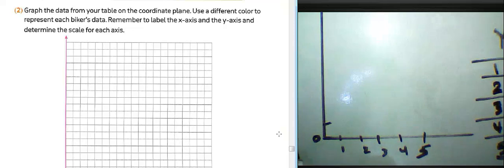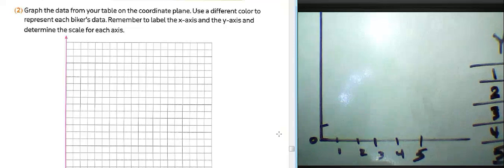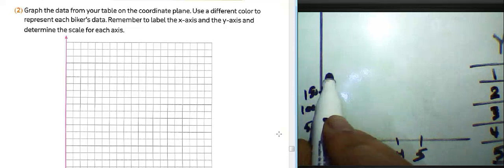Draw the coordinate plane, and 1, 2, 3, 4, and 5, and here 0, 10, 20, or we can find the distance between them going to 100 or 200. We can write 40 and 50. Write between them 50, 100, 150, and 200.